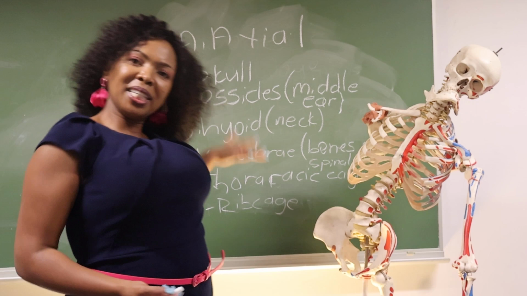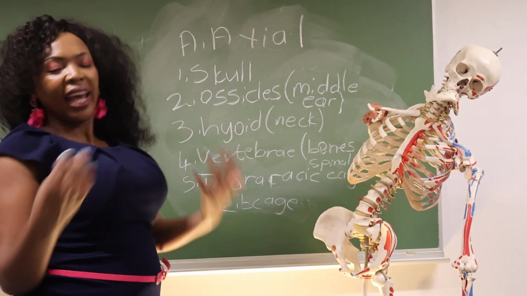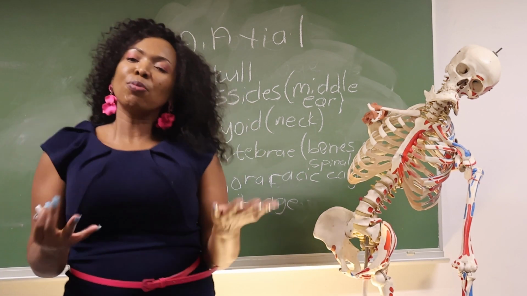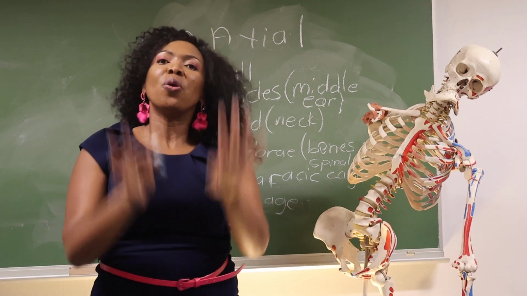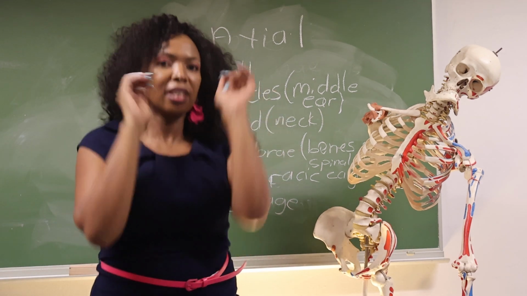Okay, these are the bones of the axial skeleton. Let's move to category B, which is the appendicular skeleton.